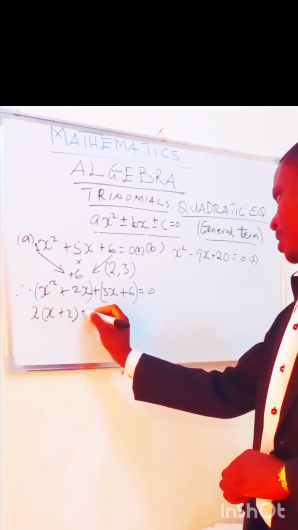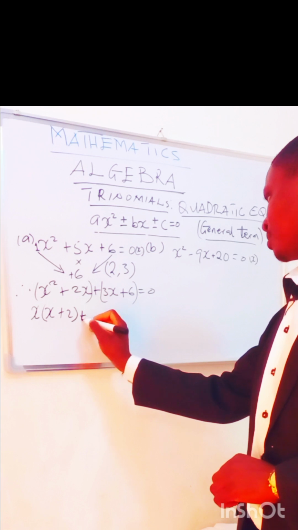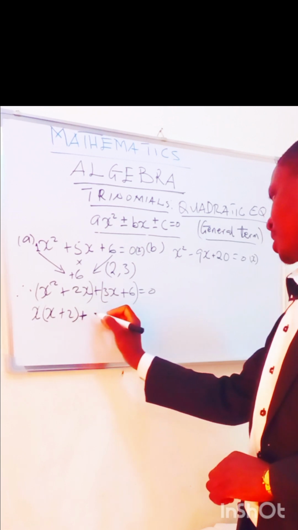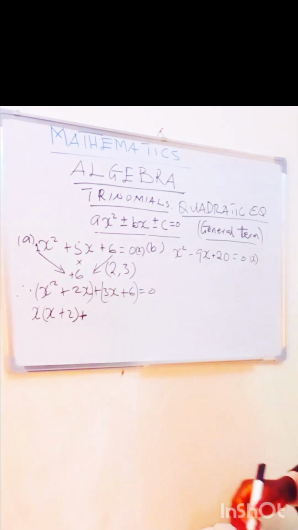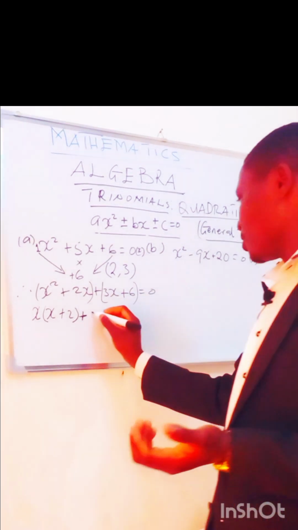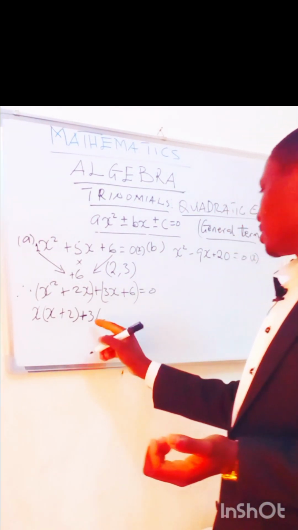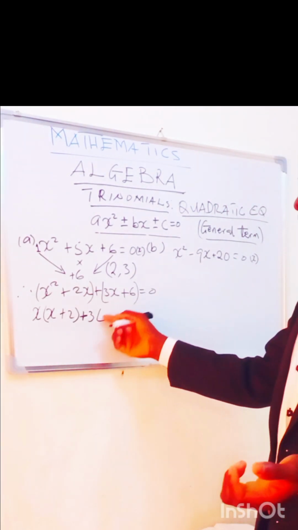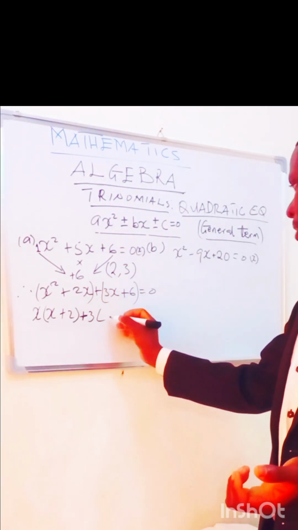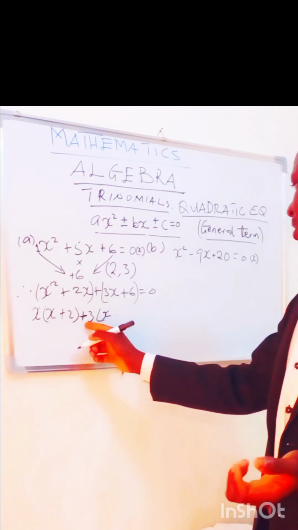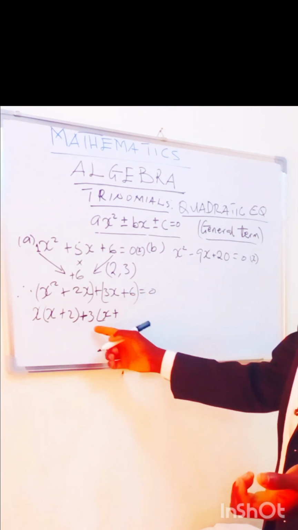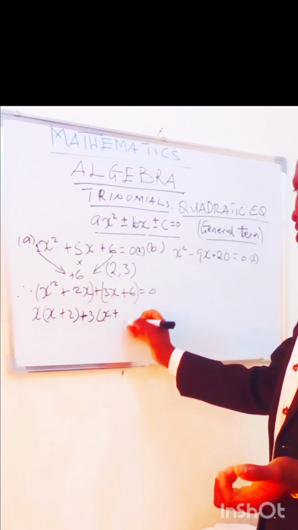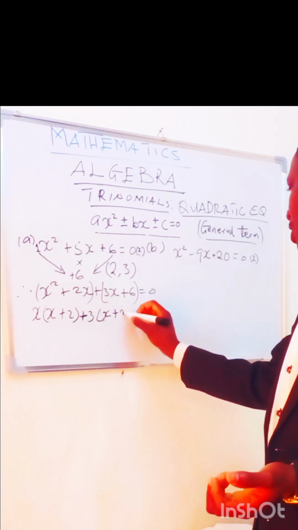Let's come to the next bracket. We take our sign to say positive, plus sign. Between 3x and 6, only 3 is the common factor, so we take that 3 right there. 3 into 3x, 3 and 3 cancel, we remain with x. 3 into 6 comes to be 2.